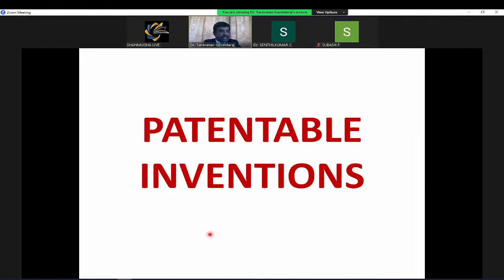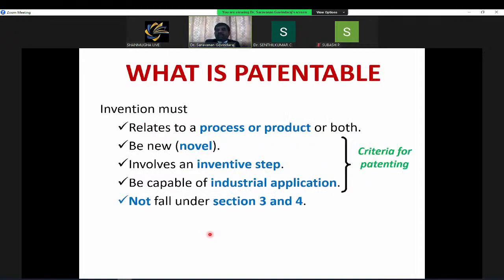So now coming to the major part: which invention can I get a patent for, and which invention can't I get a patent for? Which things come under patentable inventions? If you want to get a patent, you can get a patent for either a product or a process, or for both the product as well as the process.